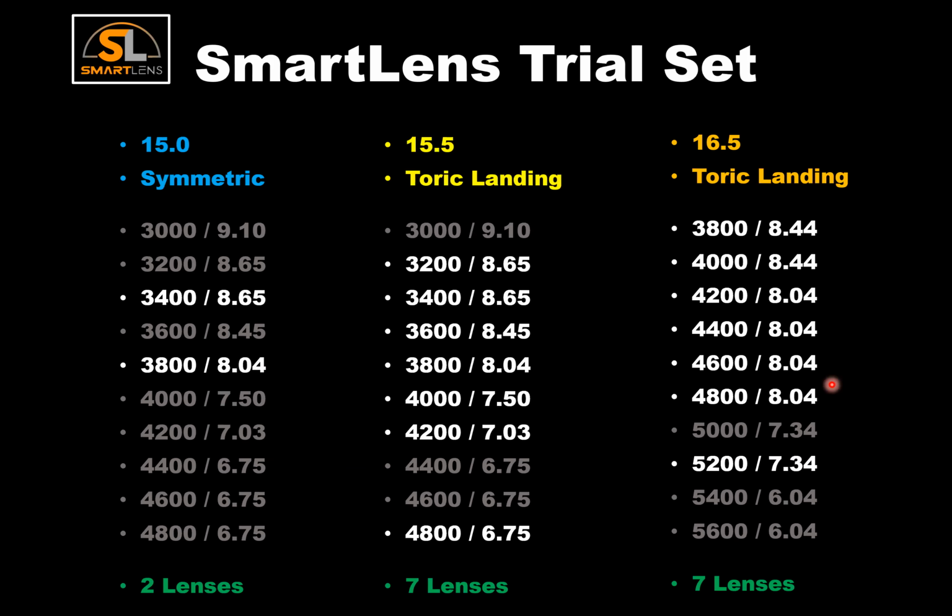So you'll notice that the trial lenses are concentrated between the 15.5 diameter and the 16.5. These are the diameters of lenses that you're likely to use the most. And the ones that you'll be least likely to use have the least number of lenses in the diagnostic set.